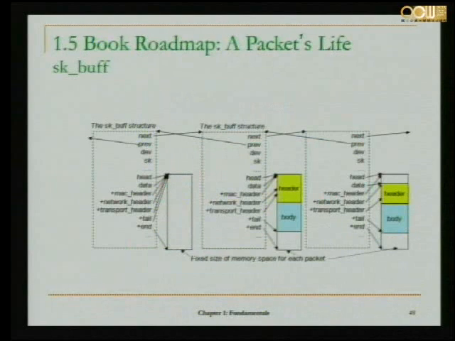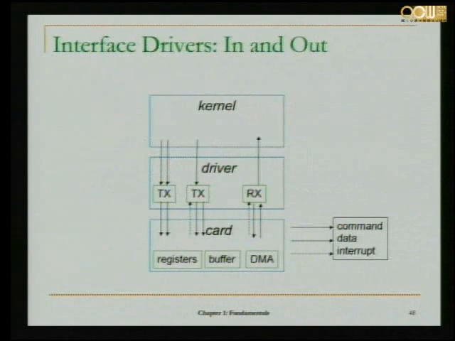Okay. Any question on the open source implementation so far? So one thing you might ask is, we mentioned that the TCP/IP is in the kernel, and the application layer is in the user space. How about the link layer?